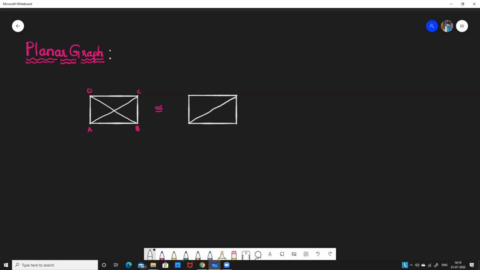We have A, B, C, D. Now, instead of drawing BD inside, as in the original graph, we can also draw the BD edge like this, B to D, so that no two edges are crossed with each other at a non-vertex point. Therefore, it is called planar graph.